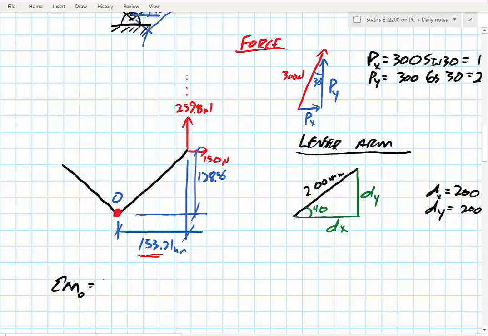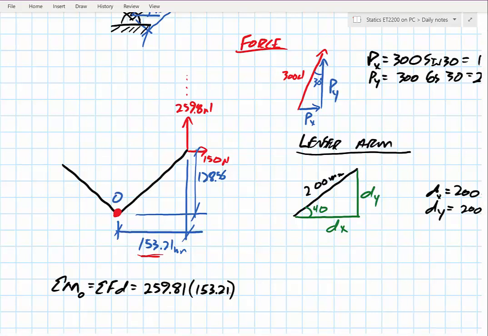So we're going to sum our moments about point O, which equals the sum of my forces times their perpendicular distances. So I have the 259.8 newton force times this 153.21 millimeters. And I have to determine if that's going to be clockwise or counterclockwise.